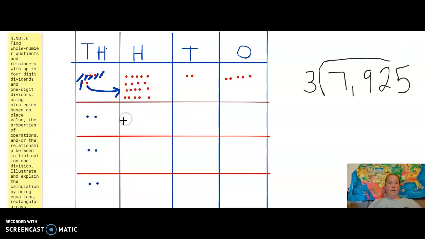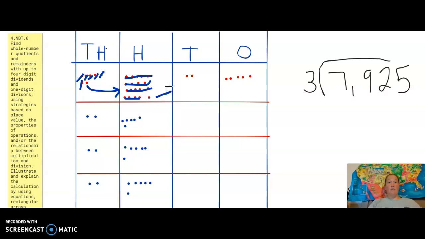So we know there's 6, 6, 6, 6, 12, 18. Okay, we used all the 19 except one of them. Cross them off so you don't forget.